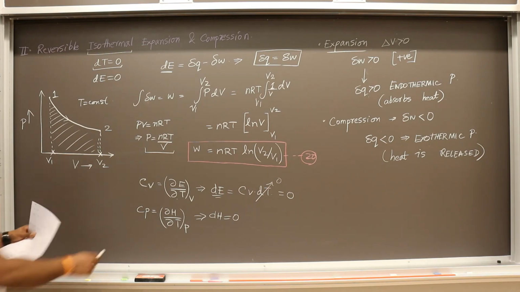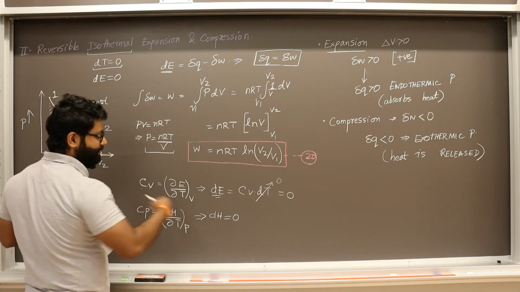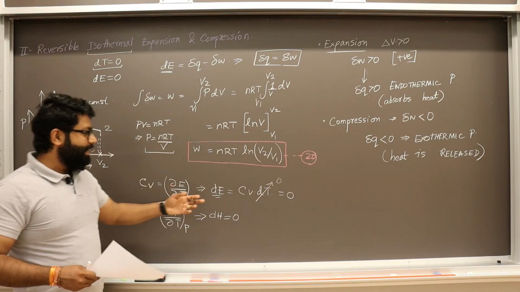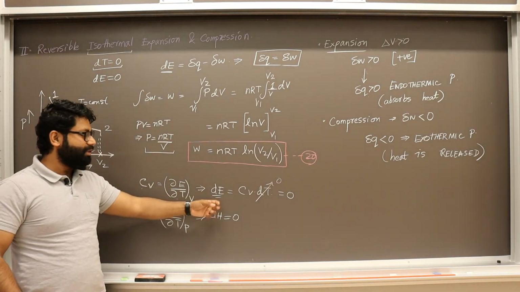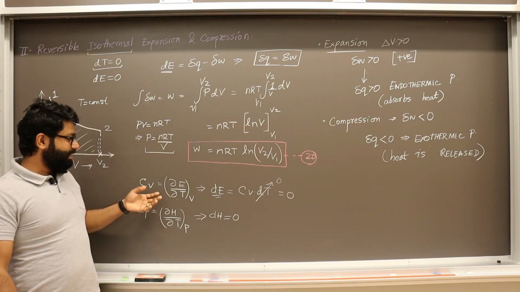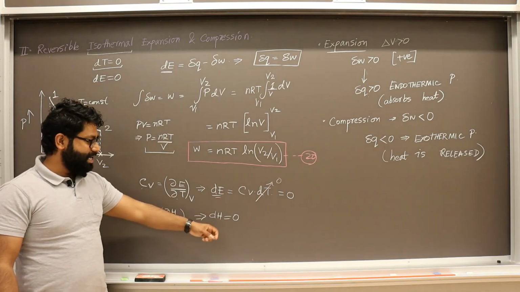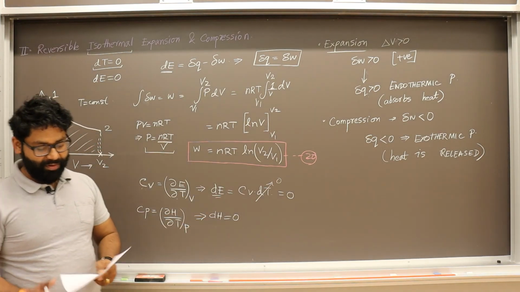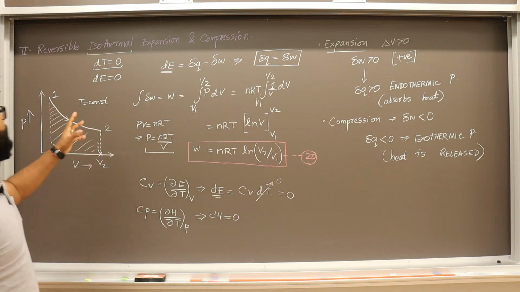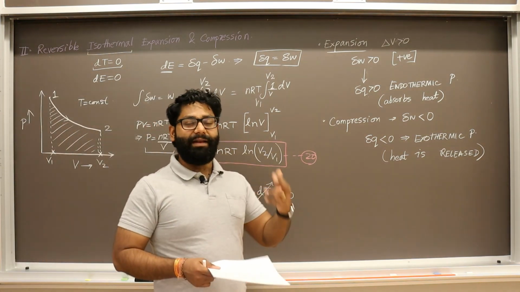Here we tried to come up with the values of dE and dH independently using CV and Cp, and we got dE and dH both equal to 0, right? So this was the case for the isothermal expansion and compression.